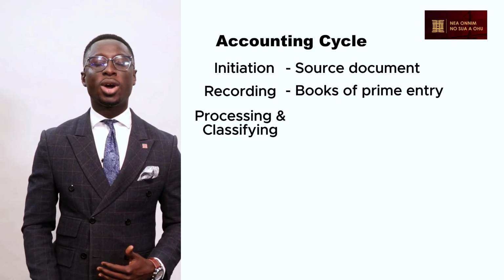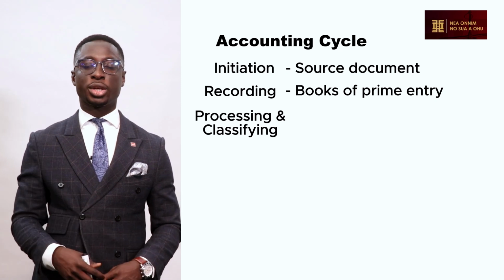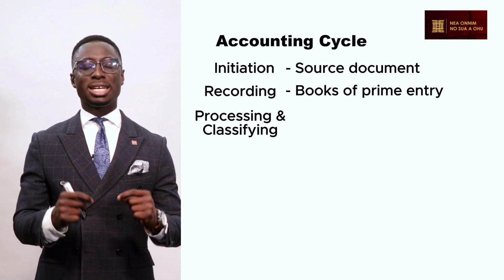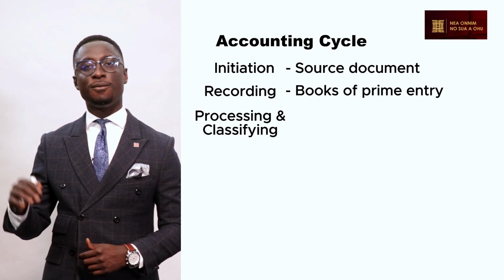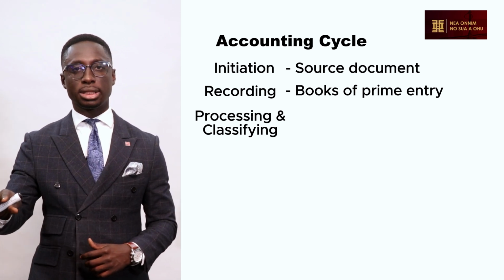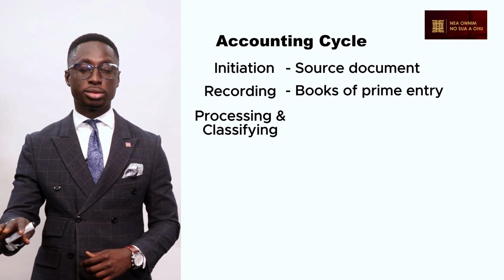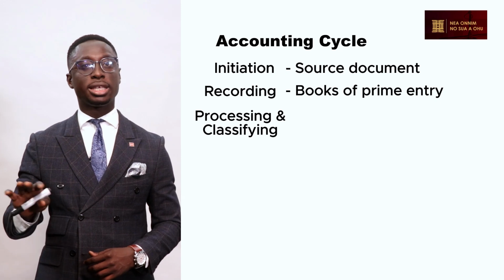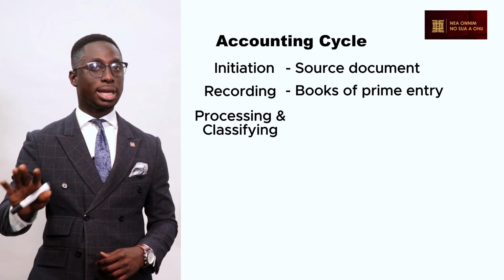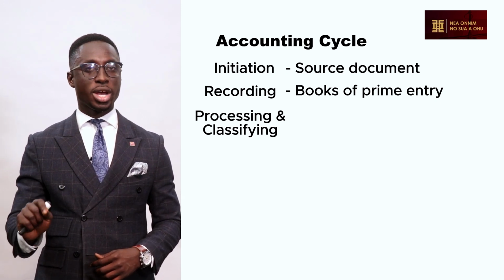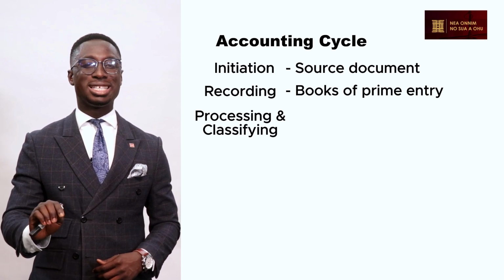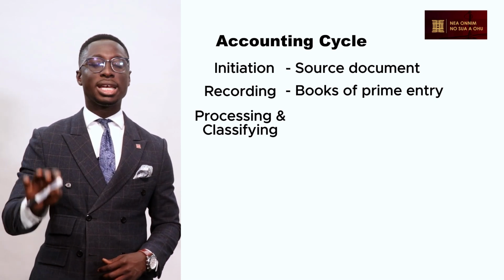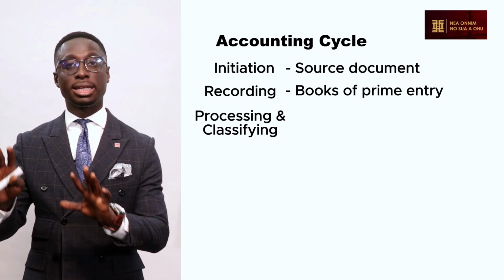So once the transactions have been recorded in the various books, now they need to be properly assigned into various accounts that they belong to. So I'm sure by now you are hearing the word classification, where we classify financial transactions into the books that they are supposed to be sitting in.